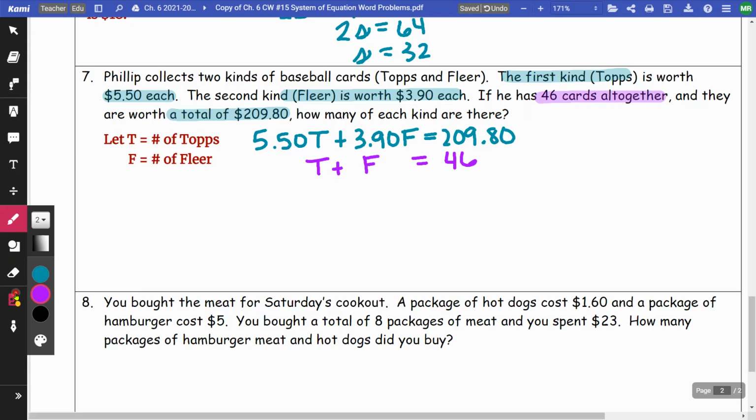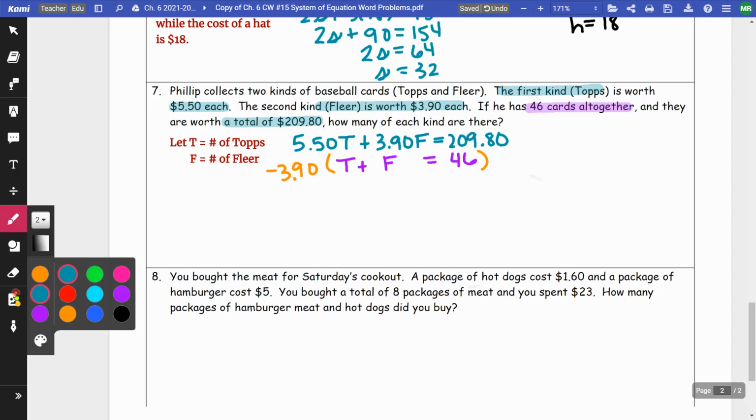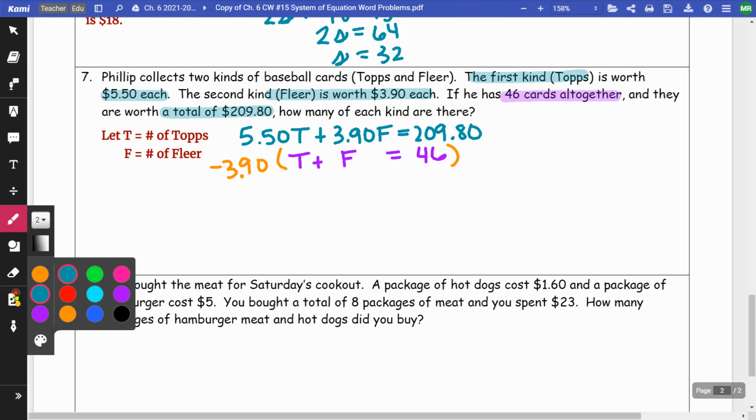So I'm going to multiply the bottom equation by something. It doesn't matter what. Maybe I'll do it by the smaller of those two numbers, negative 3.90. The top equation is going to stay, so I'm just going to rewrite it.